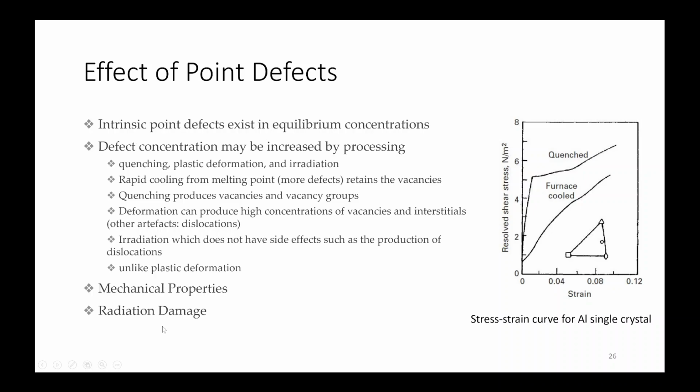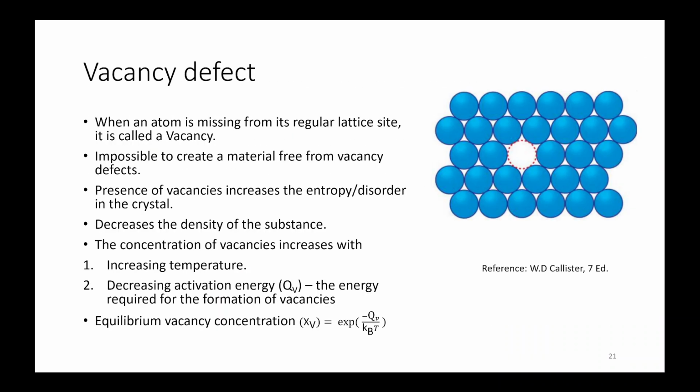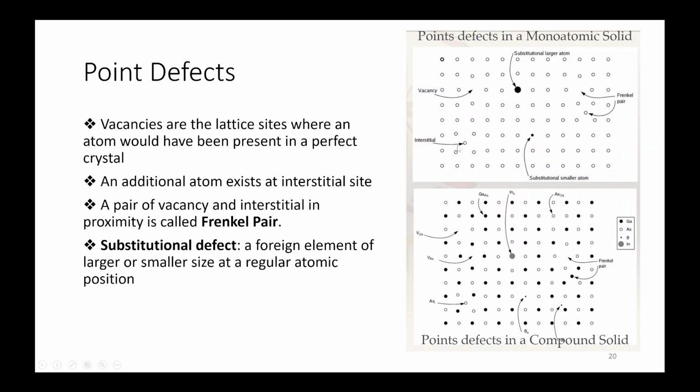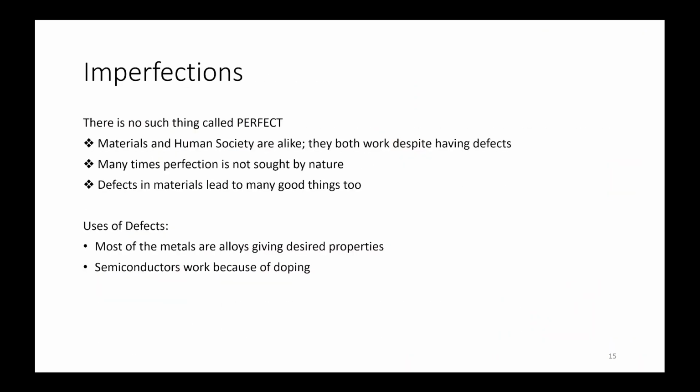One more doubt. Yeah, go ahead. Can an interstitial site be filled by a parent atom? Yeah, that is called interstitialcy, I told earlier, right? An interstitial site can be filled by a parent atom or a non-parent atom. It can be both.